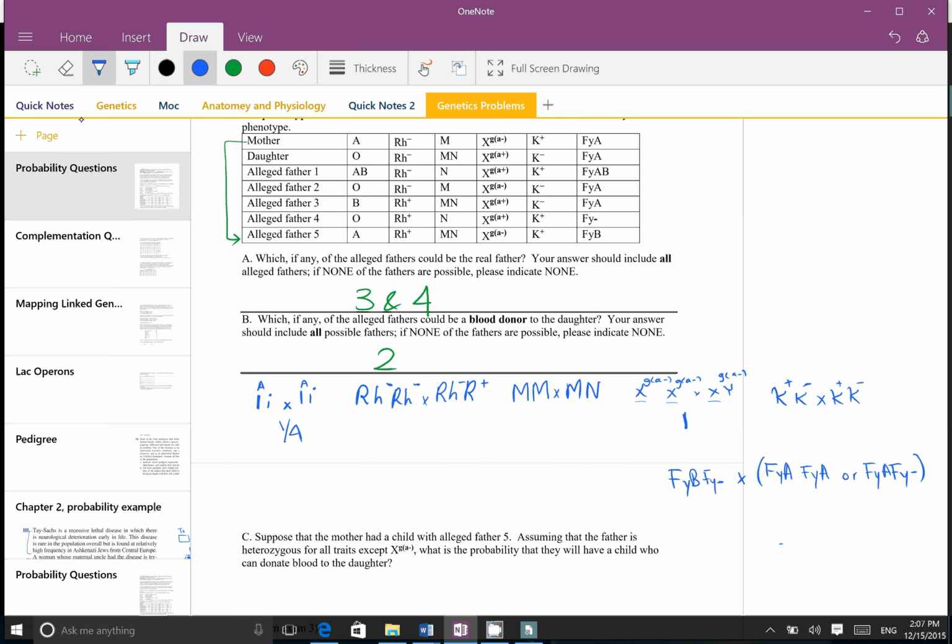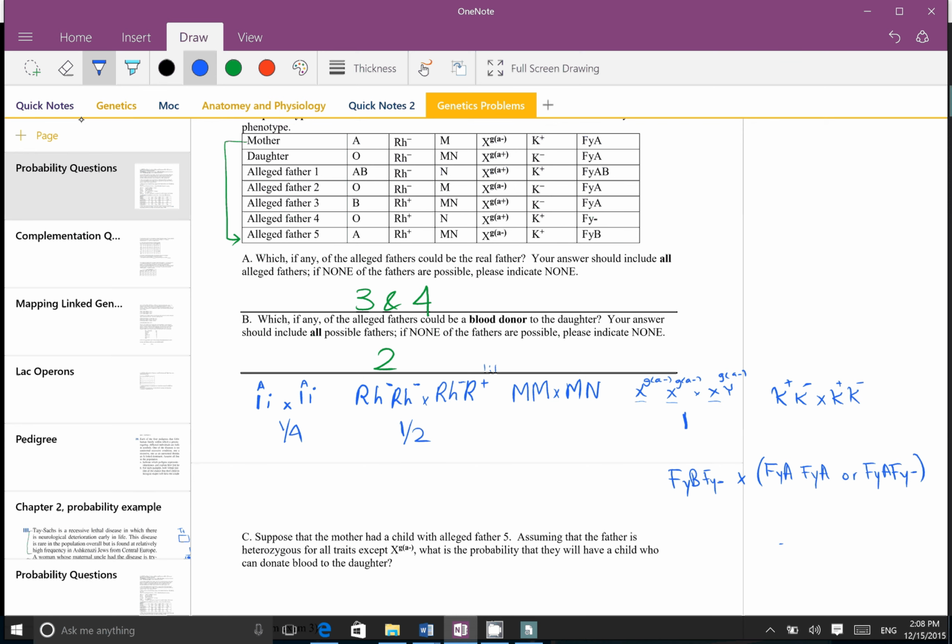1/4. Here we have het times homozygote. We know that the ratio is 1:1, and so that's 1/2.